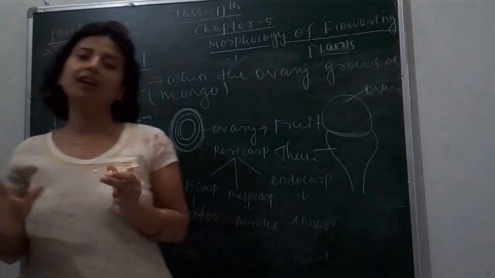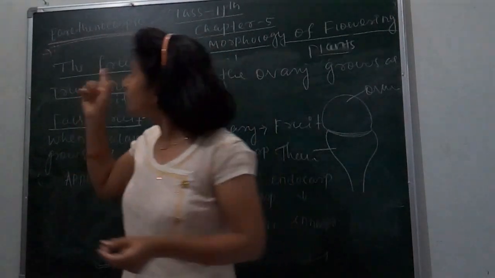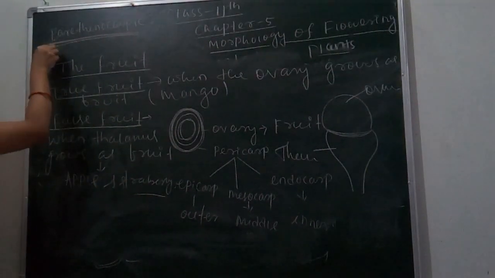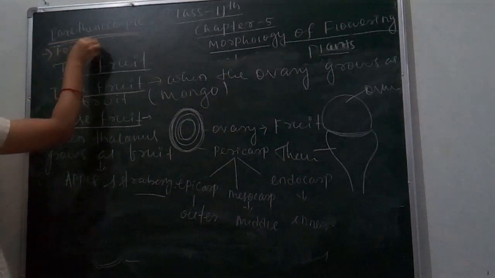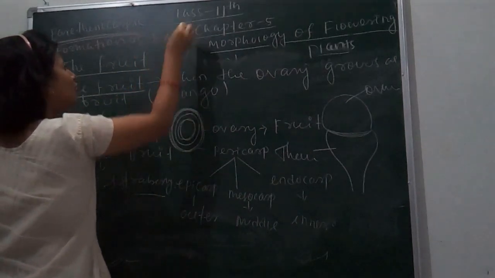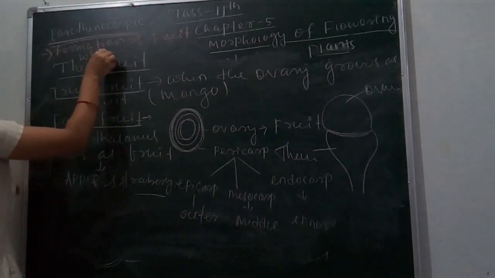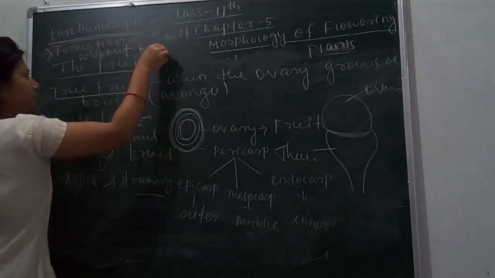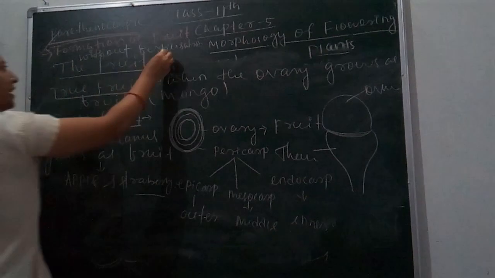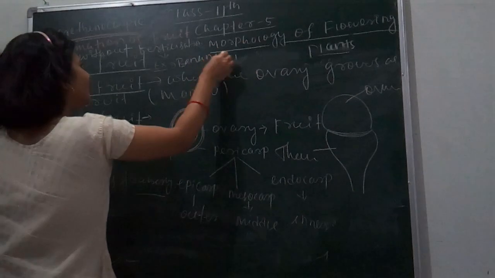This is a miracle. For this type of fruit, we can take the example of banana. Clear? So here we know about 3 different types of fruit, and you can give the example of banana.